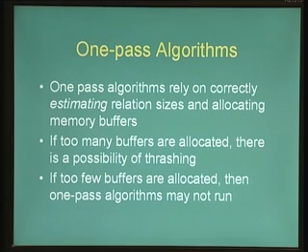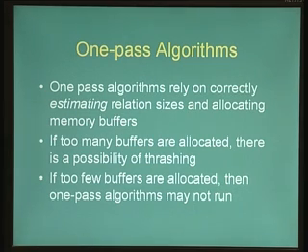Now if the size is wrongly estimated, then for example if we allocate too few buffers thinking that the size would be small, then the one pass algorithms will be unusable. The query execution plan is unusable. We can't use the one pass algorithms at all.